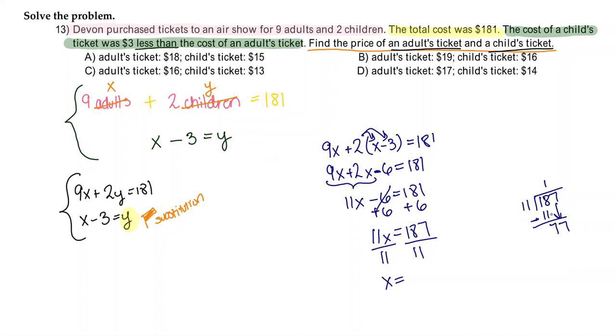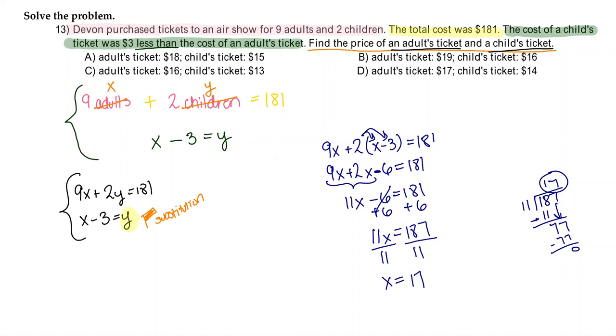All right, bring down the other 7. That gives me 7. Left with 0, 17. So my x is 17. Now remember, we haven't finished solving the problem because we just found our x, which is adults, which is 17. So the price of an adult's ticket is $17.